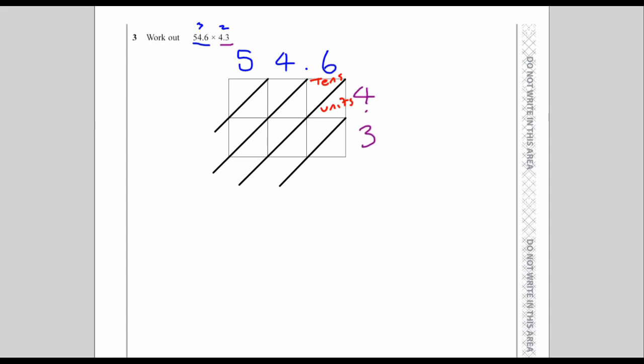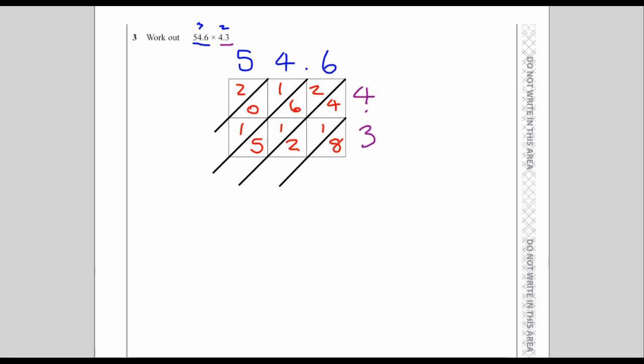So let's get down to business. 6 times 4, as we've said, is 24, and we write it 2, 4. 6 times 3 is 18, 1, 8. 4 times 4 is 16. 4 times 3 is 12. 5 times 4 is 20. 5 times 3 is 15.